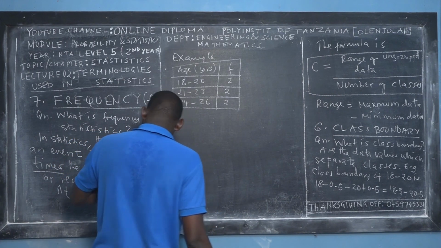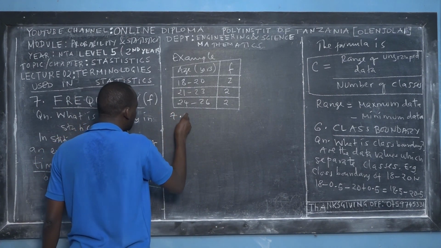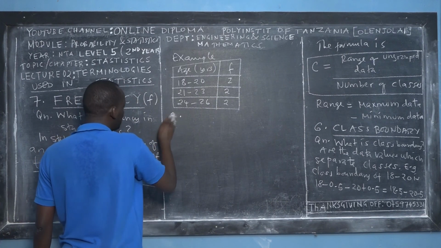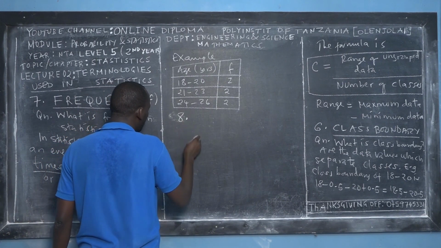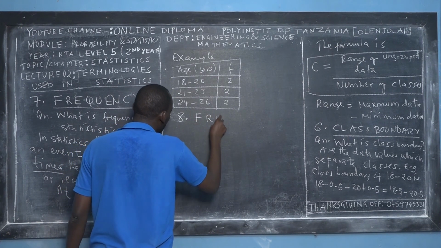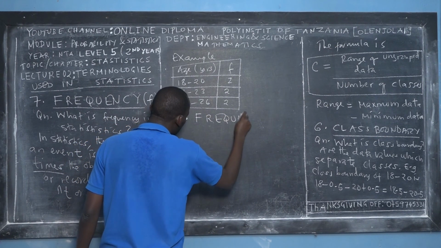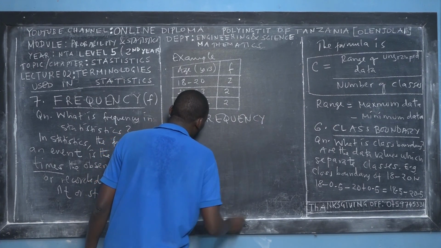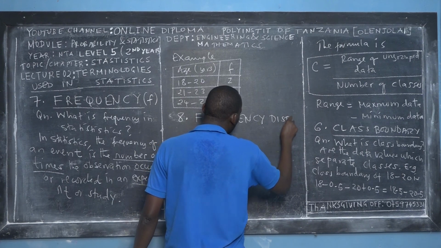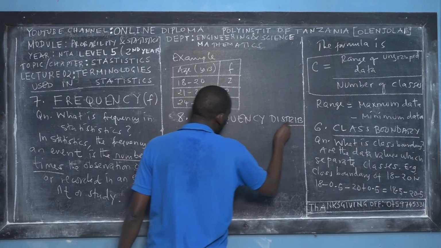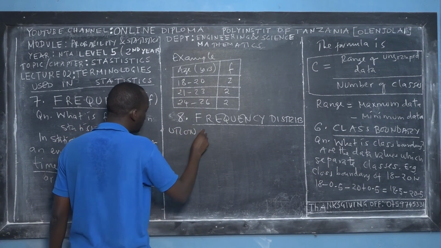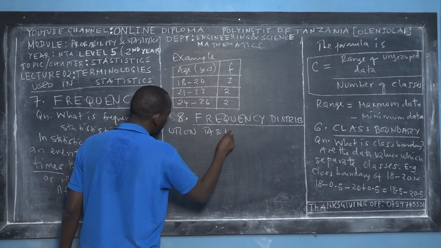So that was the seventh terminology of statistics. The eighth terminology of statistics we call the frequency distribution table, before I teach you about the cumulative frequency distribution table.